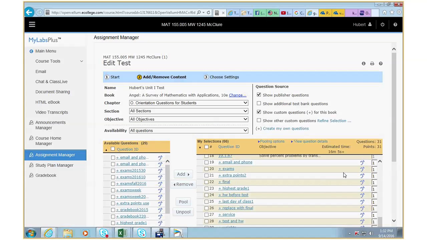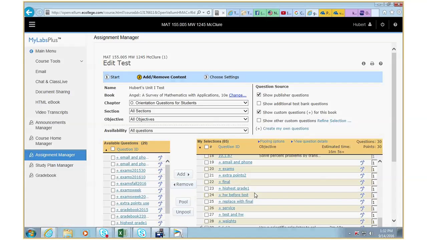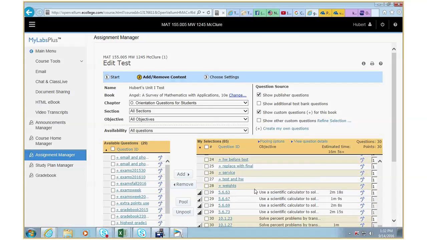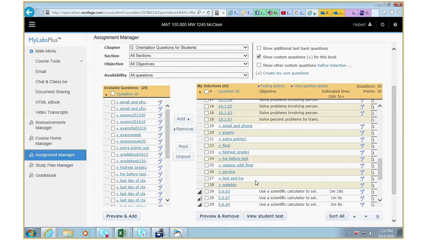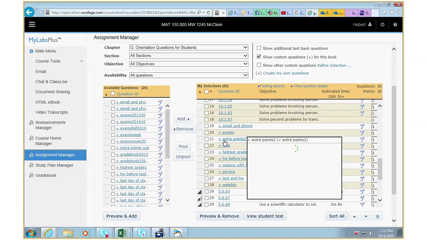Gotta fix a couple of these because I gotta make sure. Last day of class, that one's not good. Remove. Here's the final exam. I guess I didn't have any question. 1, 2, 3, 5, 6, 7, 8, 9, and 10.